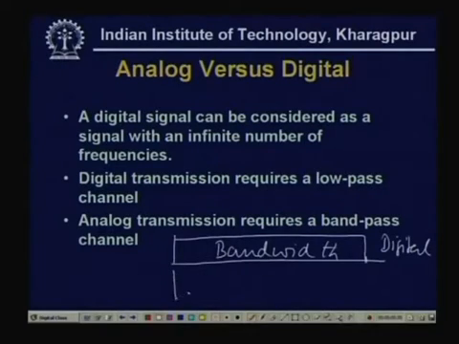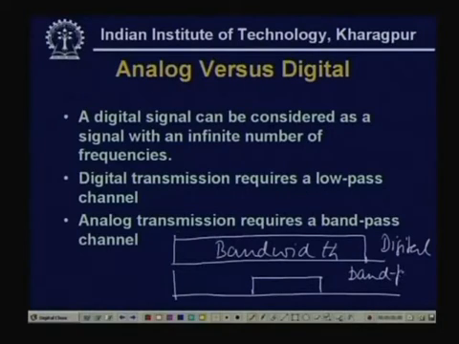On the other hand, for an analog signal, we may restrict it within a certain range, so the bandwidth is essentially like a band pass, and here it is like a low pass, as you can see, from 0 to a certain high frequency. Because of these characteristics, through one medium we can send only one digital signal.